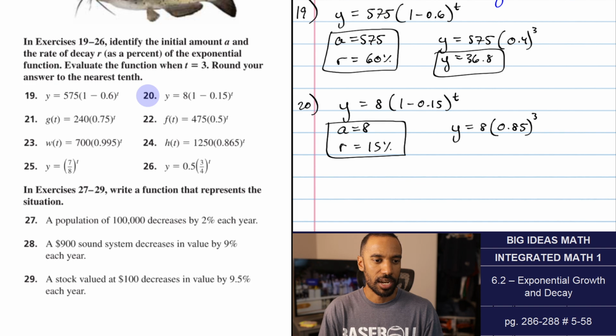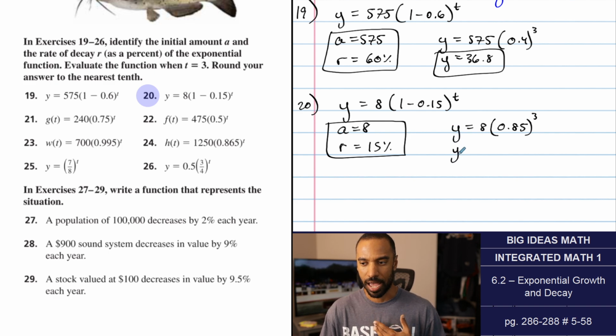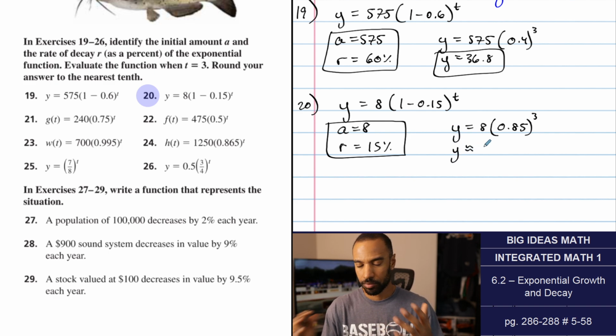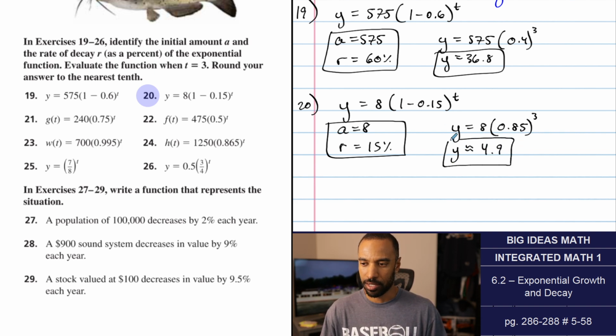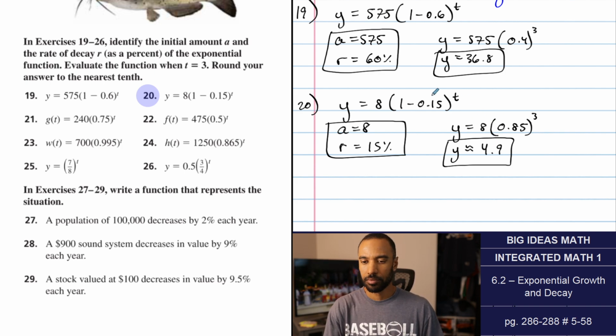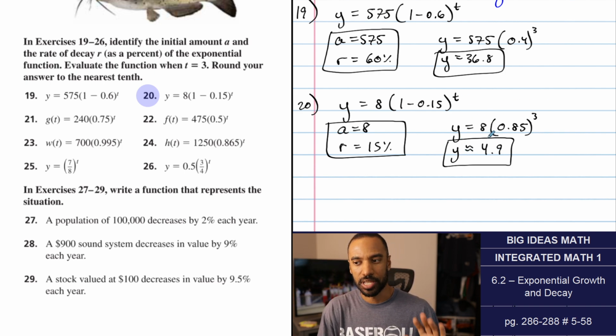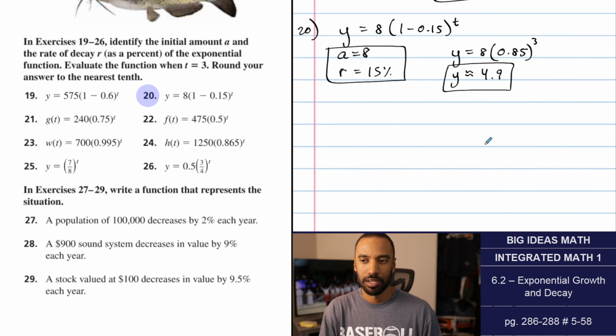You guys have been doing percentage changes longer than I've been even talking to you about this stuff, so I assume at some point you learned how percentage conversions work and why they are what they are, so I'm not going to spend time talking about that. This is around 4.9. It was 4.913. So I'm putting 4.9, which of course, just as confirmation, it's less than 8, right? That's what's happening there. It should be less than 8.